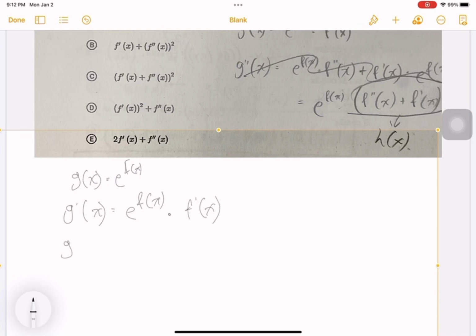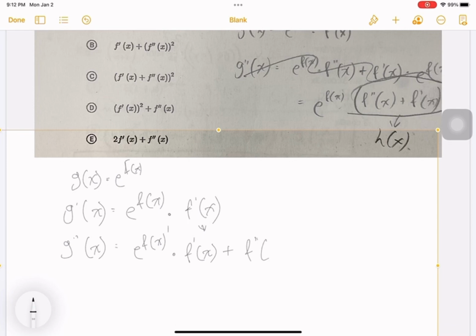Now to find the g prime prime of x, we're gonna have to do product rule here. So we're gonna have to do the derivative of e to the f of x times f prime of x, because this carries down, plus now what's the derivative of f prime of x?